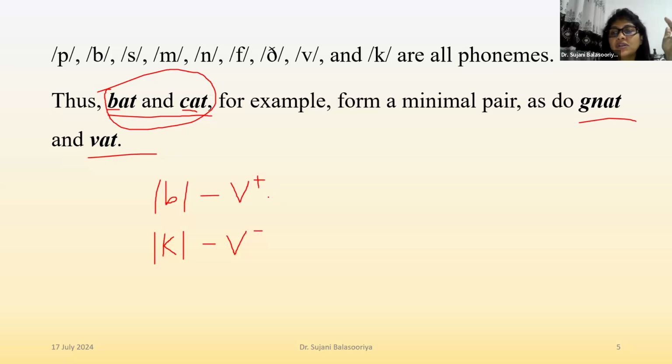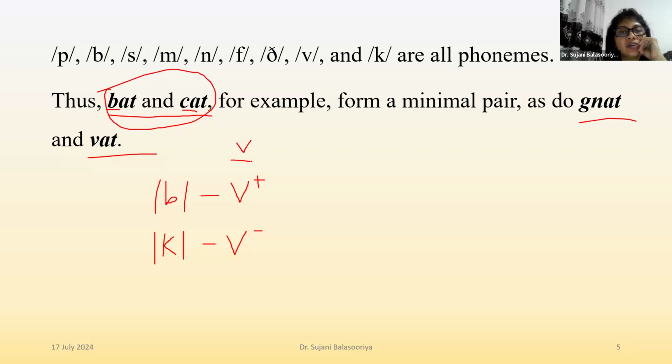So apart from this point, now remember the stuff we have discussed earlier. Anything else? Okay, now this is about voicing.